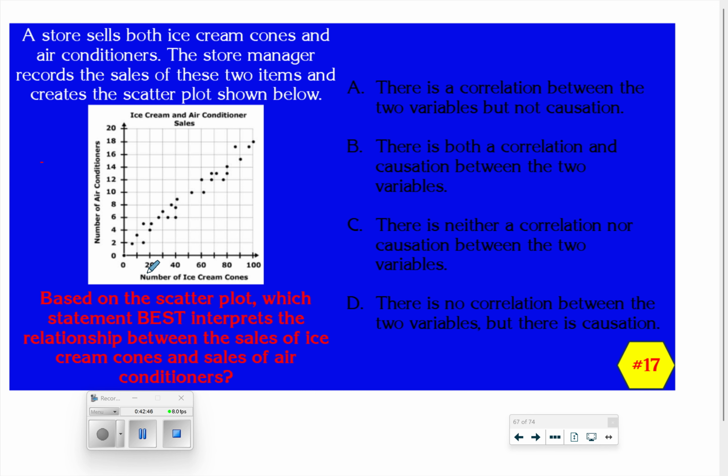And so that means they correlate. But you have to interpret to see if it's a causation. Does one cause the other to happen? Right? So take a look at this and see if there's a correlation and a causation, or neither, or both.